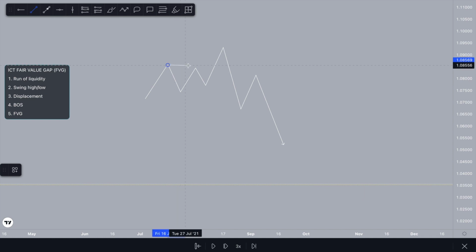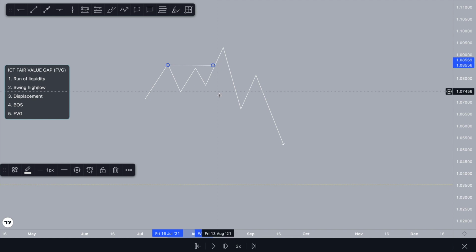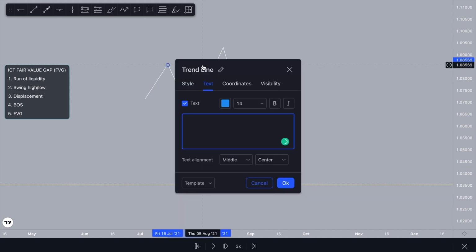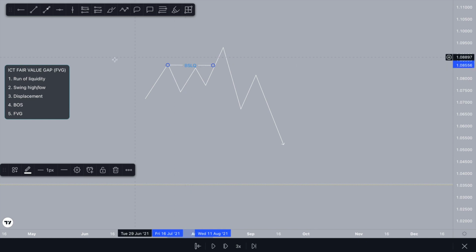This is where retail traders put their stop loss, which as a consequence creates pools of liquidity at this level. We will call it buy side liquidity. Now we have established our run of liquidity.